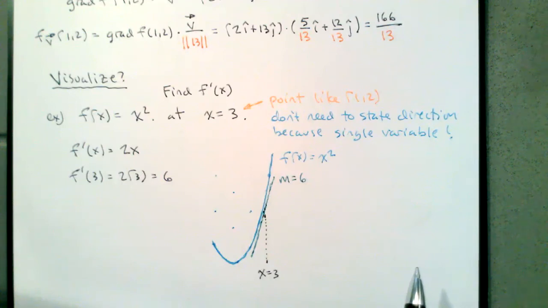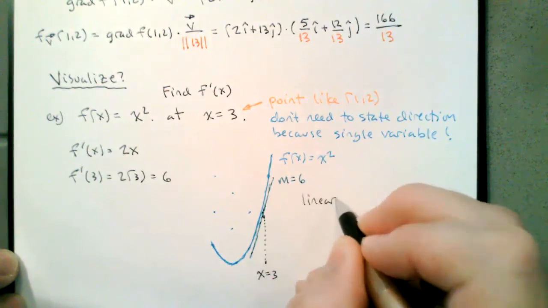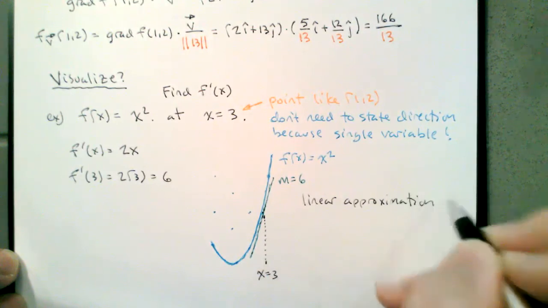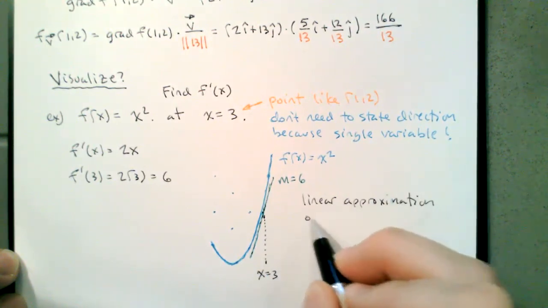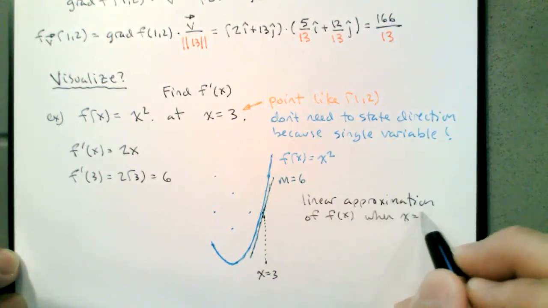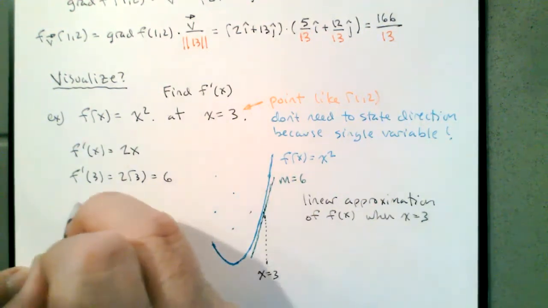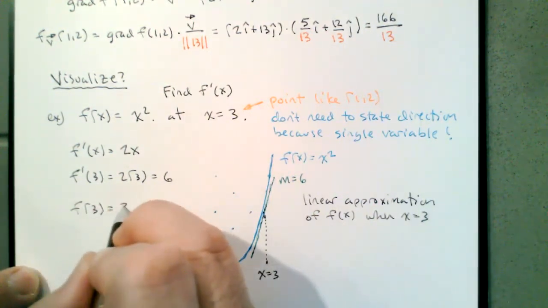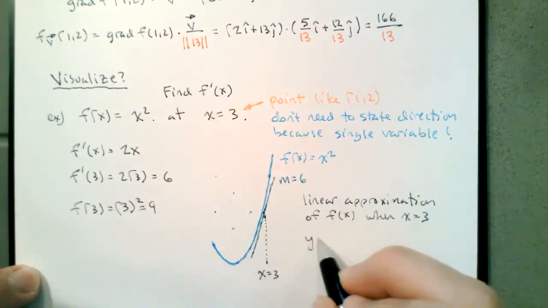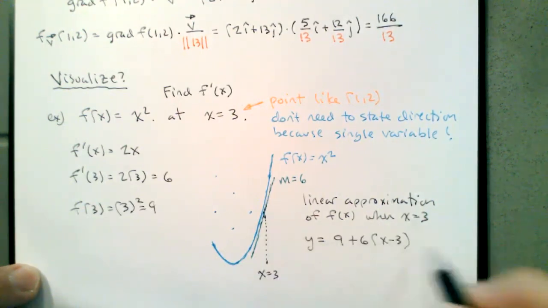So we can make a linear approximation of f of x when x equals 3. What do we need? We need the value of the function, and so the linear approximation will be y equals 9 plus 6 times x minus 3.